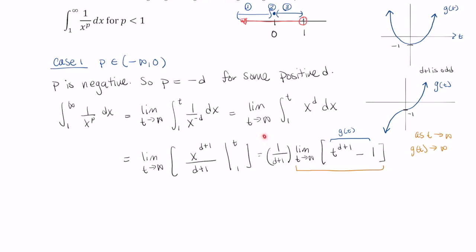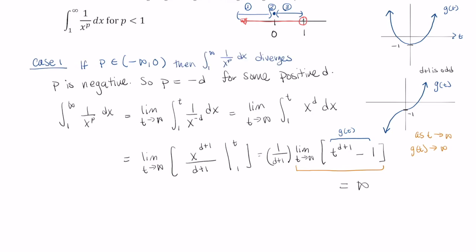So this constant is going to make no bearing. What happens if we multiply a unit fraction by some larger and larger number? Well, the unit fraction is going to have no effect. So to reiterate, this limit just evaluates to infinity. Since we do not have a finite value here, for this case, when p is some negative value that is on this part of our number line, so from 0 off to the left, then this integral is divergent.